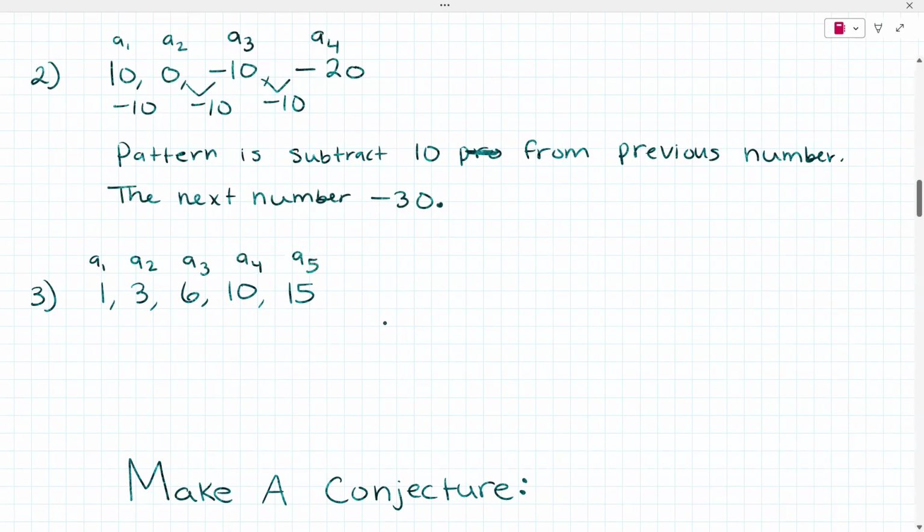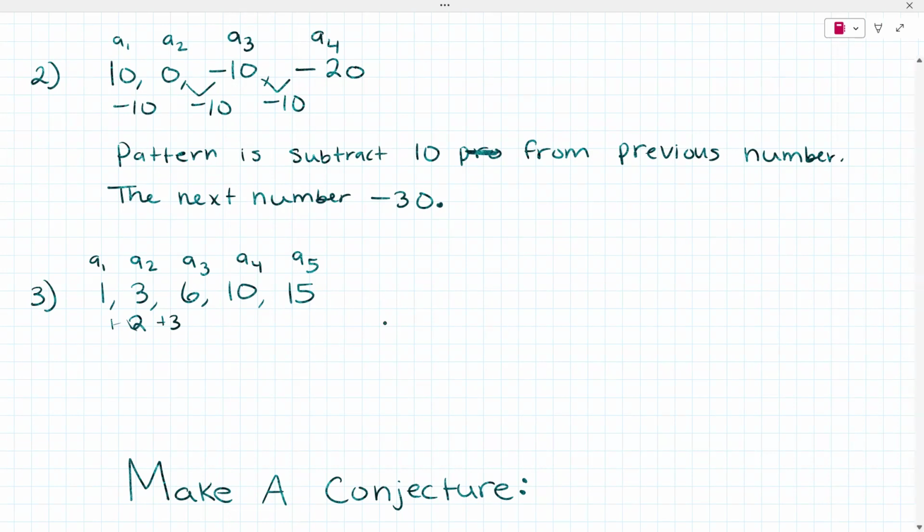From the first term to the second, from 1 to 3, you add 2. From the second term to the third, you don't add 2. You add one more, plus 3. 3 plus 3 is 6.